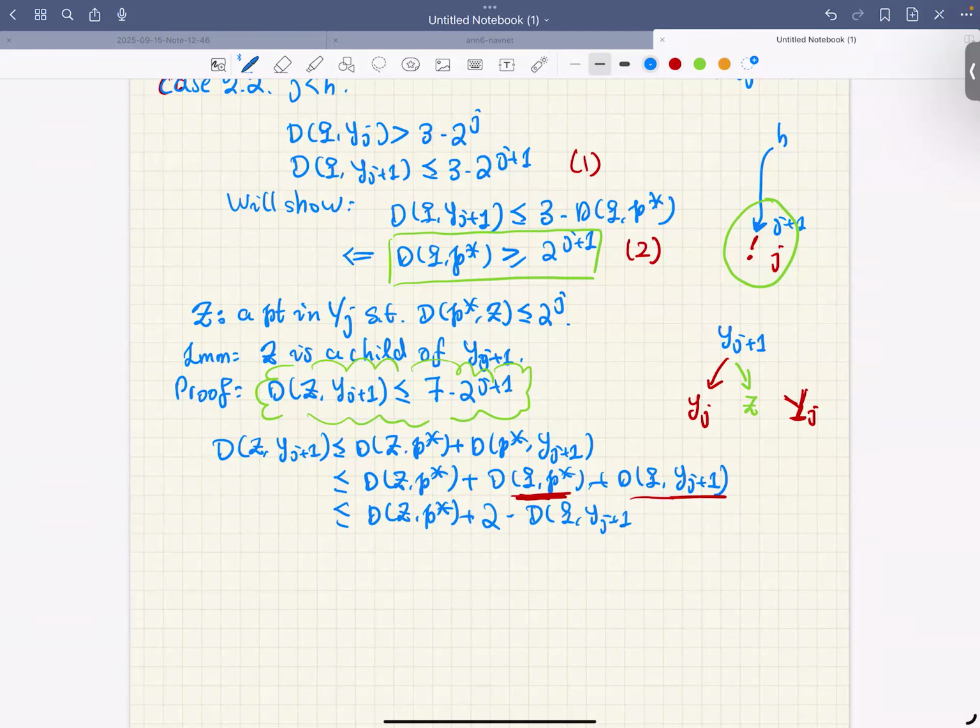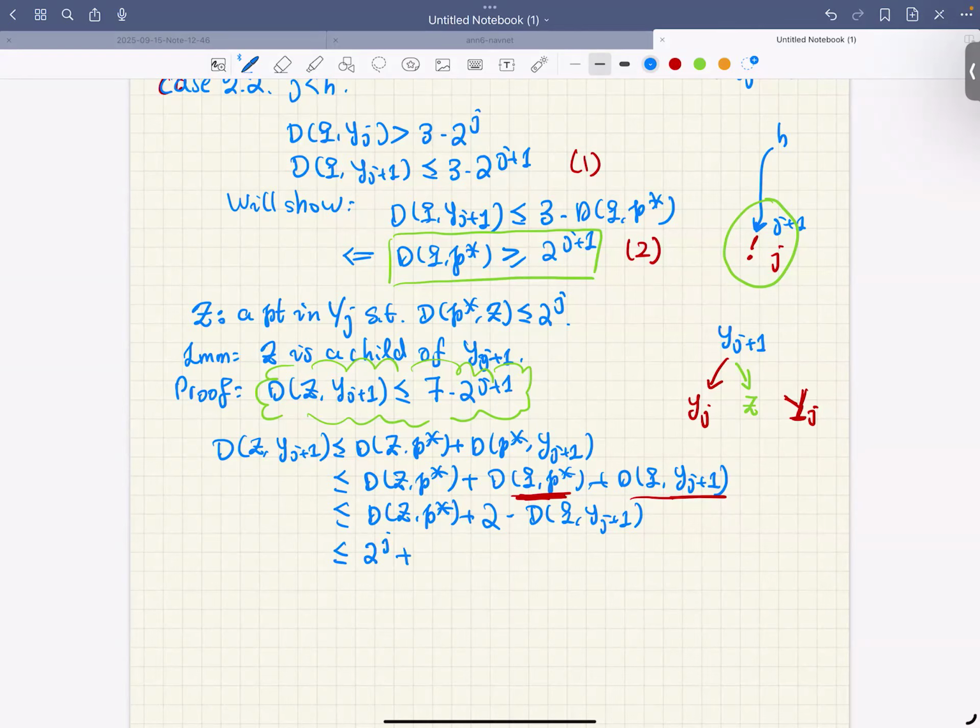Now we can apply what we know. What do we know about the distance from z to p star? Well, that's from covering. That's from the definition of z, right? Z is the guy in the net that covers p star, and therefore the first term will have to be bounded by 2 to the power of j.